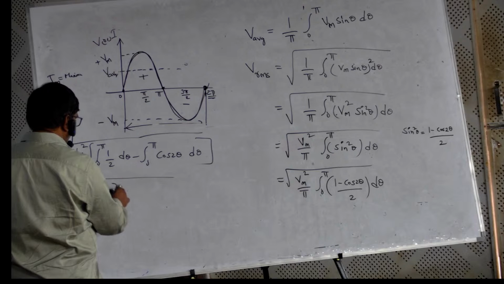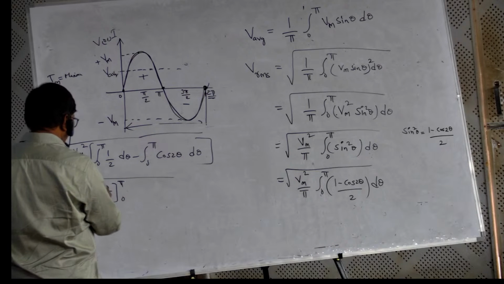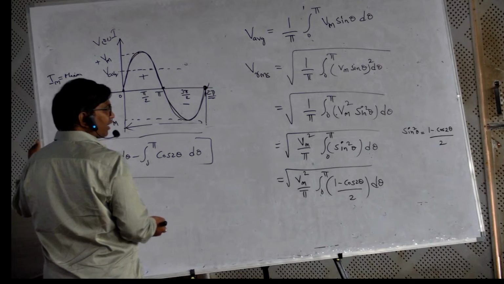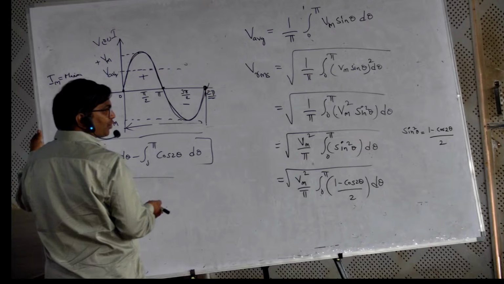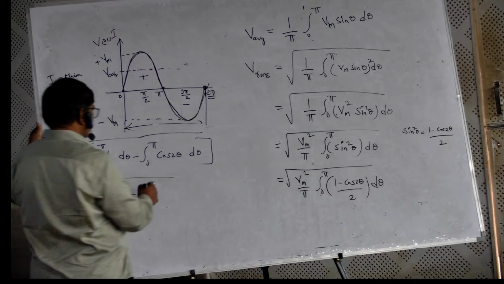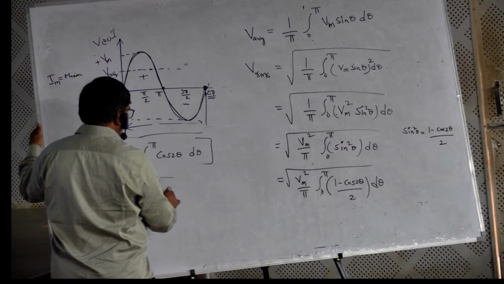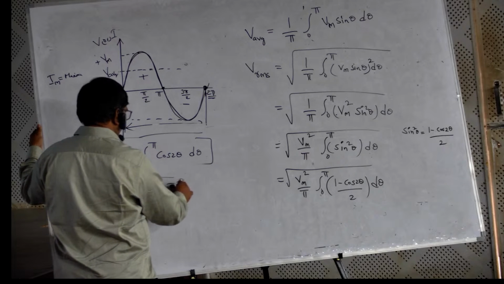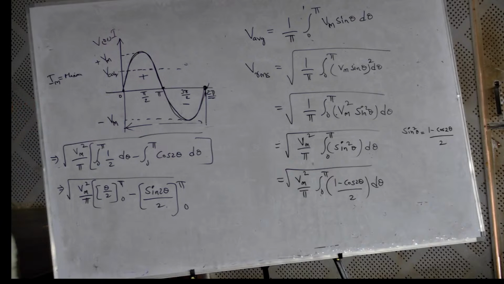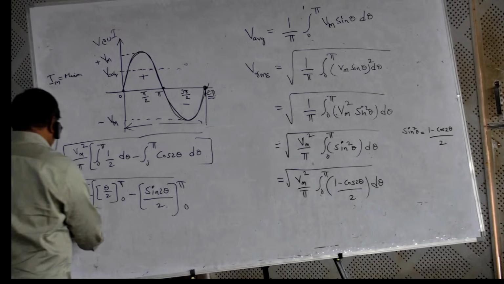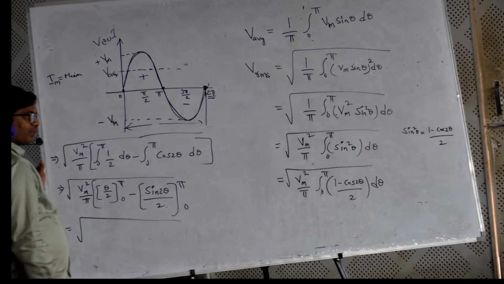Theta by 2 from 0 to pi, minus the integration of cos 2 theta, which is sin 2 theta by 2, from 0 to pi.